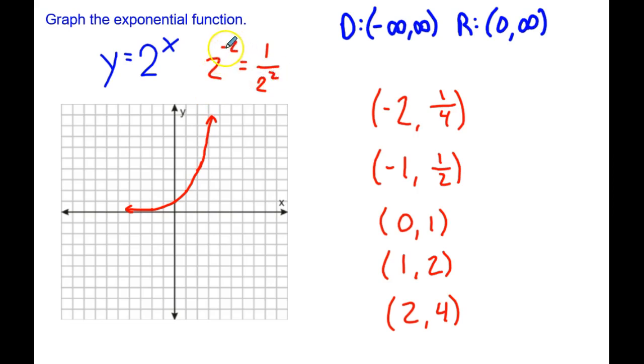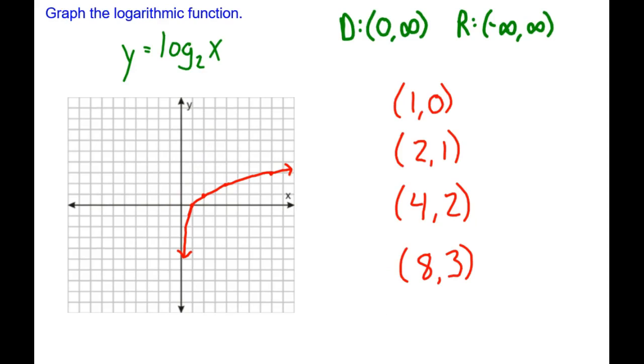So when we move this term to the denominator, the exponent becomes positive. Now we have 1 over 2 squared, which is 1/4. So that's how we get a y value of 1/4. We would use a similar idea to get a y value of 1/2 when we plug in -1. Then we have the ordered pair 0, 1, because if we plug 0 in for x, any value raised to the 0 power is going to be equal to 1.